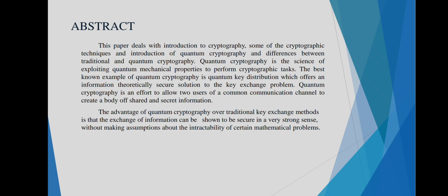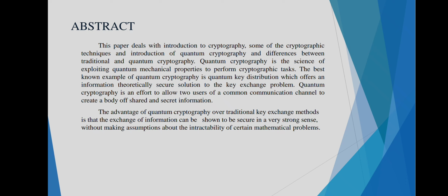This paper deals with an introduction to cryptography, some of the cryptographic techniques, an introduction to quantum cryptography, and differences between traditional and quantum cryptography. We know that traditional cryptography is not as secure as quantum cryptography.